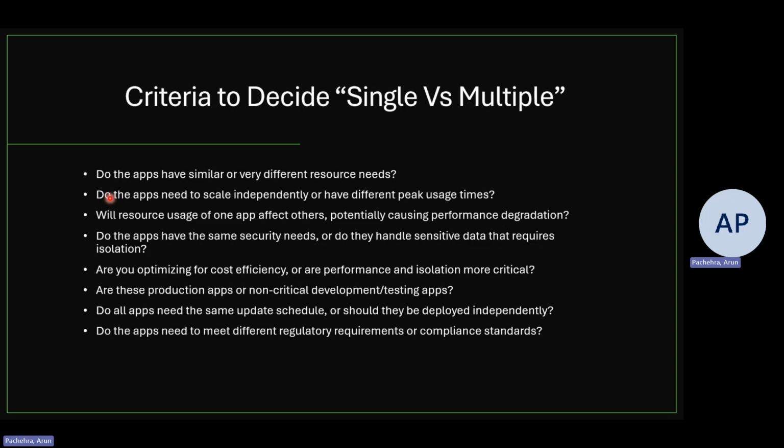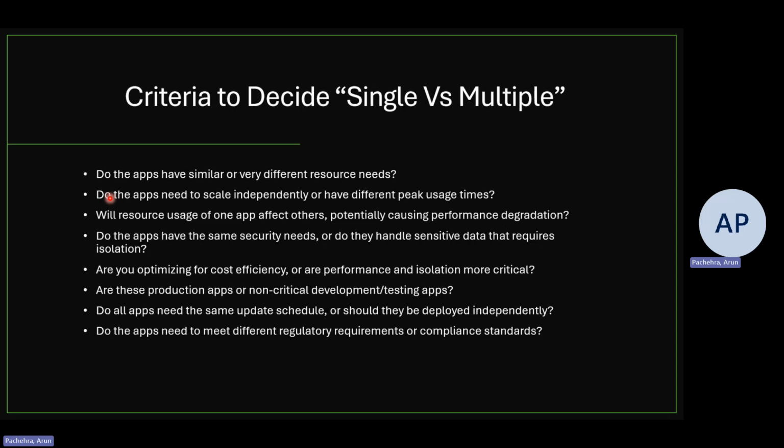So what is good for a single plan, just like we used to do when we were small, if it works with a single plan, then the opposite will work for multiple plans. Similar resource needs means usage patterns. For example, if multiple apps have low traffic or resource demands, they can share resources without affecting each other.